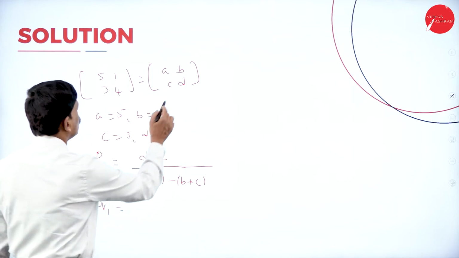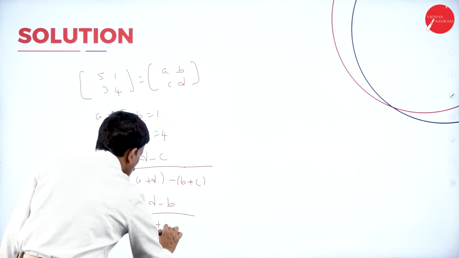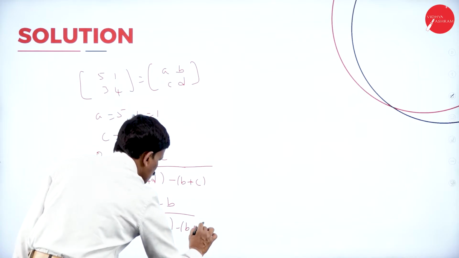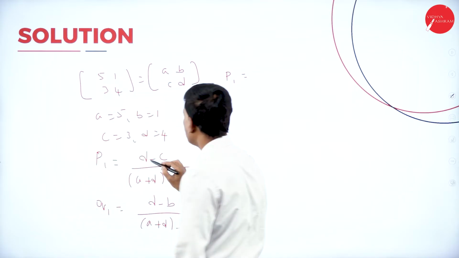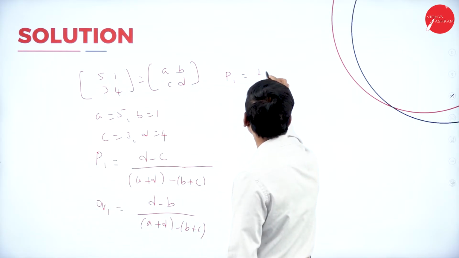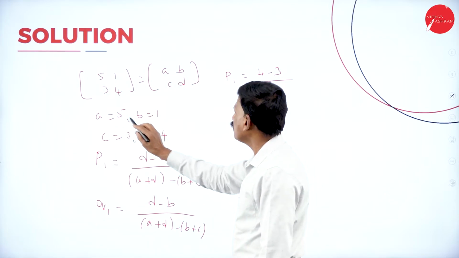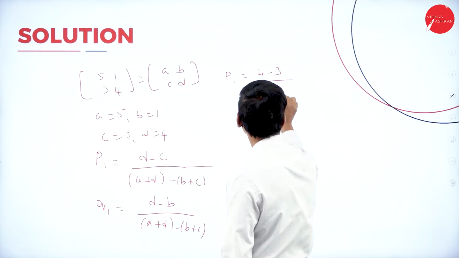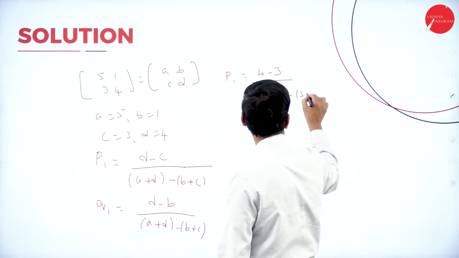Now similarly, find out the value of Q1. Q1 is equal to D minus B divided by the same denominator, A plus D minus B plus C. Now find out the value of P1. P1 is equal to D minus C, 4 minus 3, divided by A plus D, 5 plus 4, minus B plus C, which is 3 plus 1.